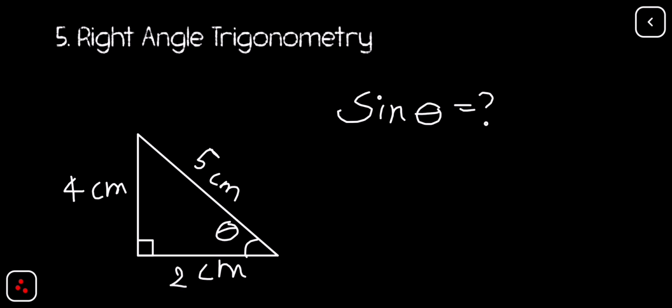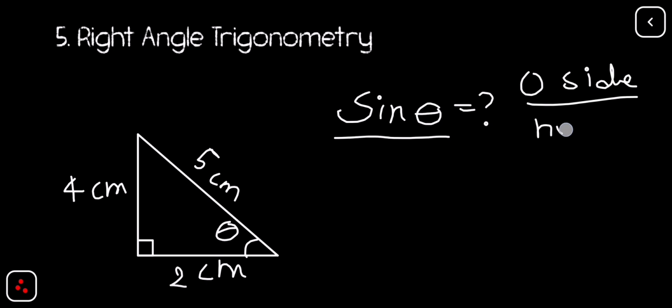We have a triangle, and it asks for sine theta. And we know that sine theta is the opposite side divided by the hypotenuse. So what did they do wrong here?